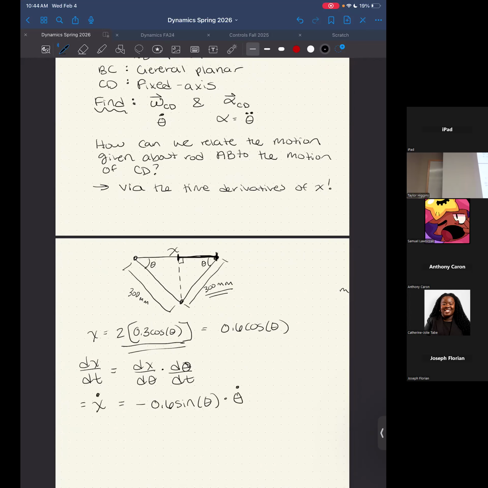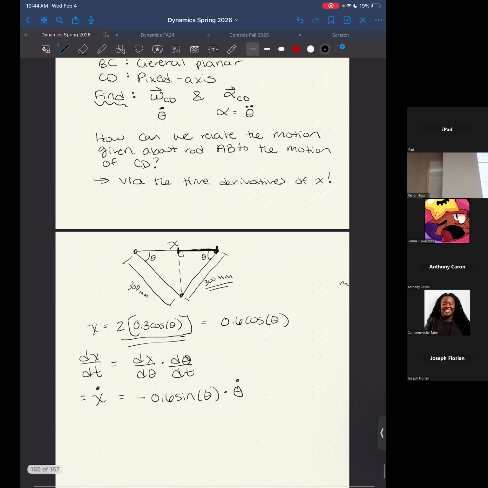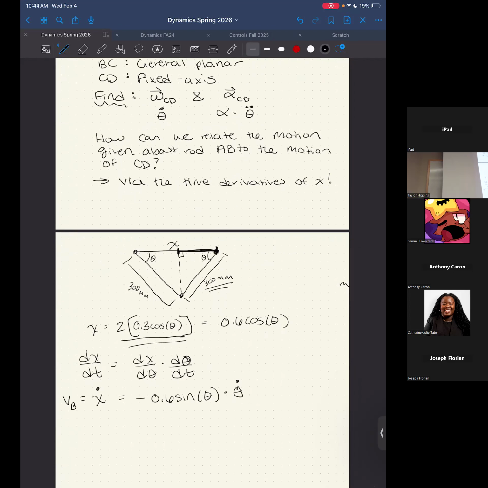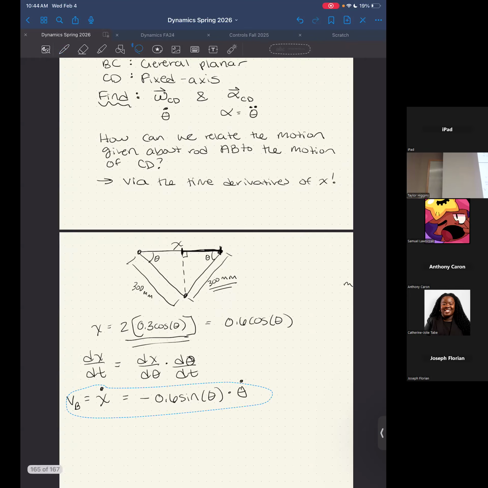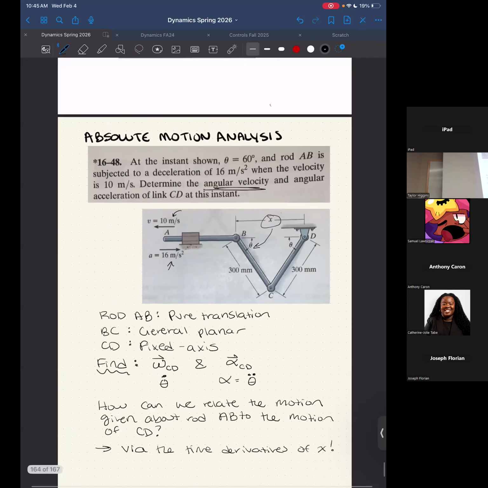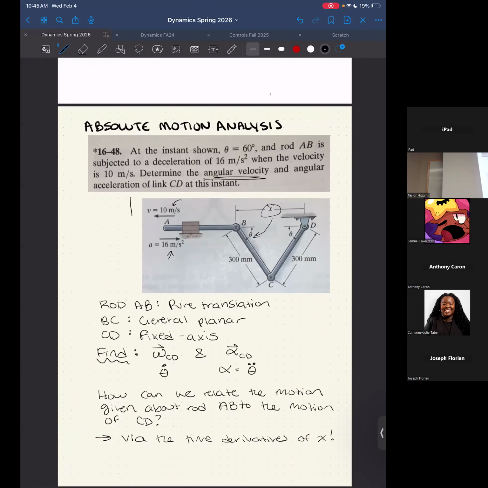And this is equal to the velocity of point B, which is equal to the velocity of point A, which is what I'm given in the problem. Now I want to be careful about directions. Maybe we'll say that X is to the left, Y is up.